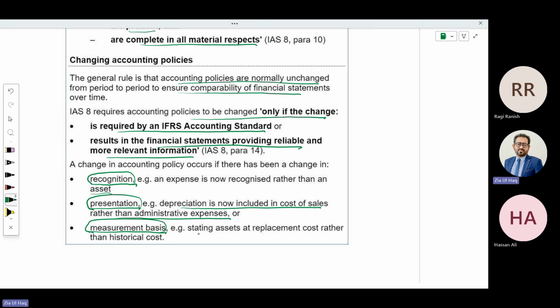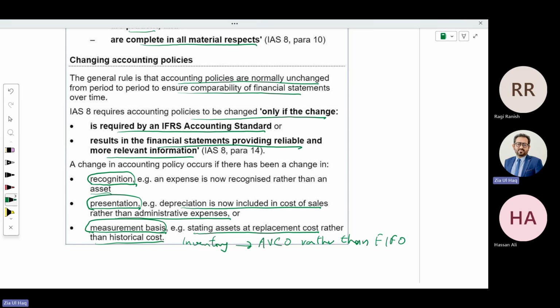Measurement basis, for example, stating asset at replacement cost rather than historical cost. Asset measurement will be on the current cost model or revaluation model rather than the historical cost model. Or inventory measurement is on AVCO rather than FIFO method.